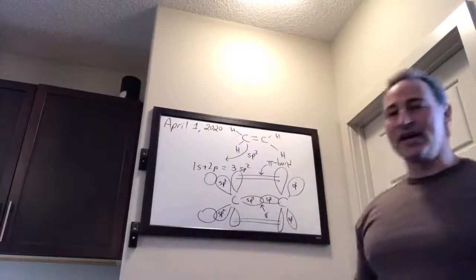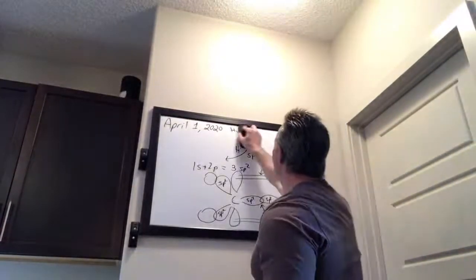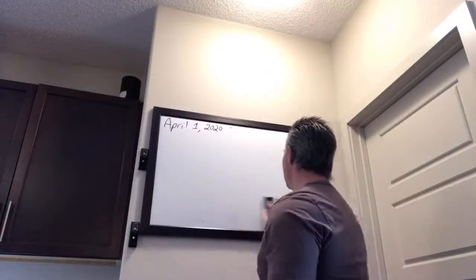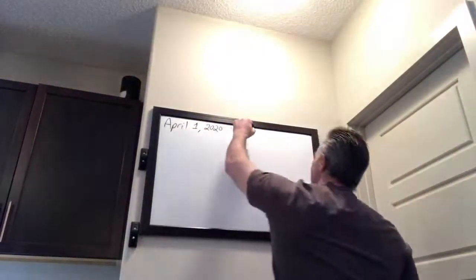What would happen in the case of acetylene? It has 3 bonds holding it. Acetylene is a C triple bond C molecule. So it looks like this.